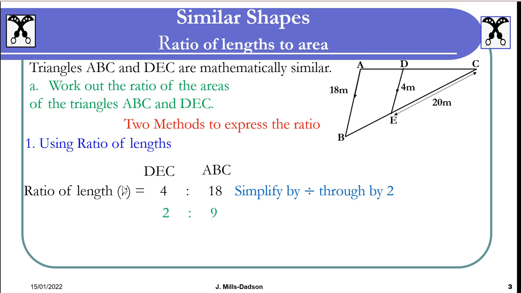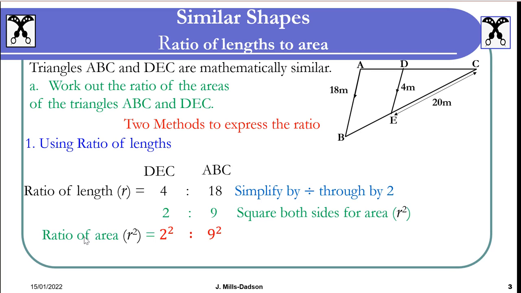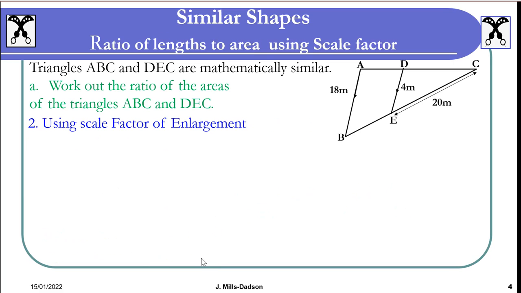Because we are talking about area, we need to change the ratio of length into ratio of area by squaring our ratio. So our ratio of area will now be 2 squared and 9 squared, which will be giving us 4:81. So the ratio of the triangles ABC and DEC, 4 for DEC, the smaller one, and 81 for the bigger one. So that's one way of doing it.